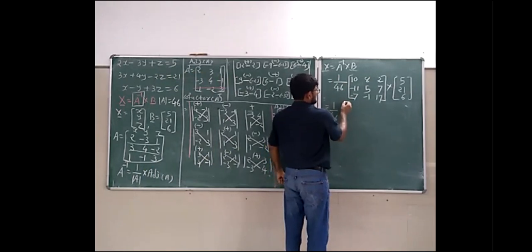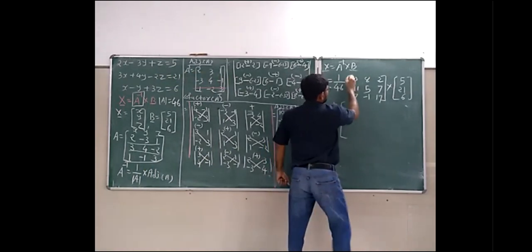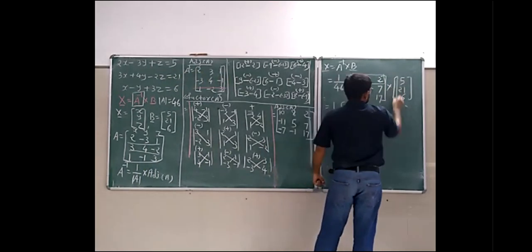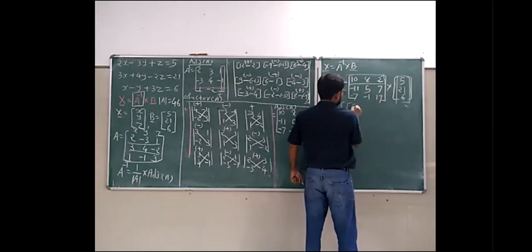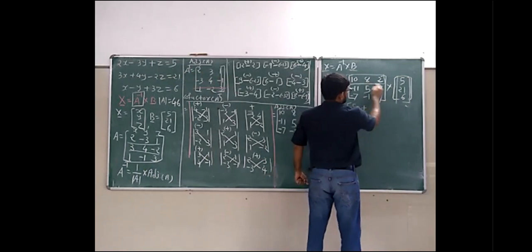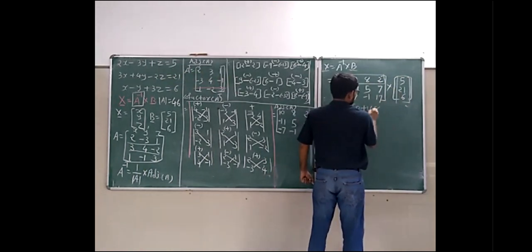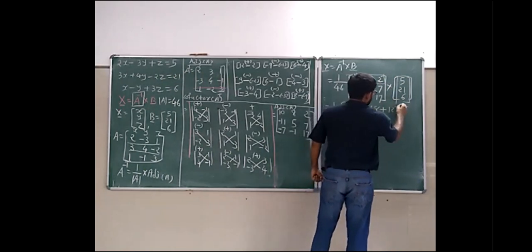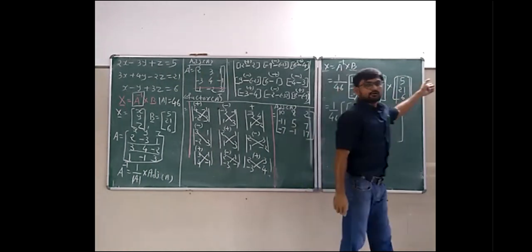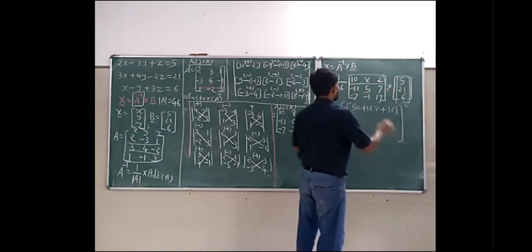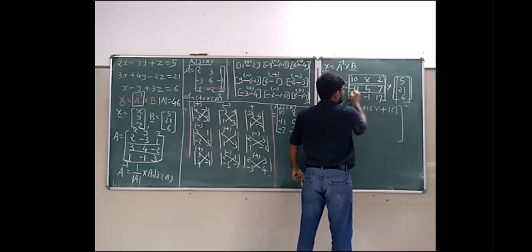So 1 upon 46. Now we'll multiply first row into first column. First into first, 50. Plus second into second, 168. Plus third into third, 12. Now the second column is not there. So now we'll use the second row. Second row, first column.